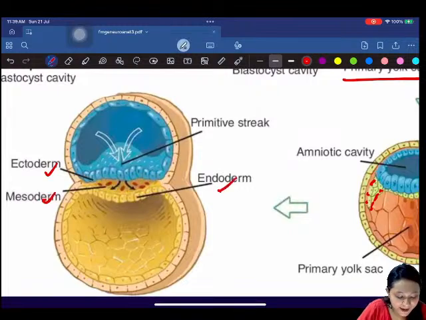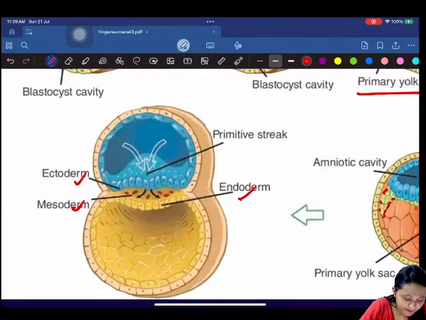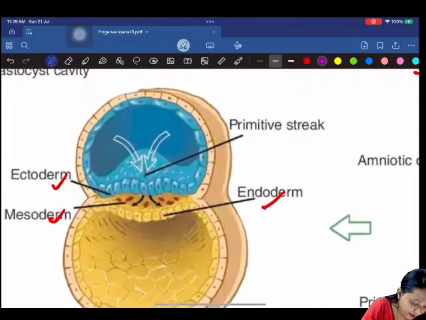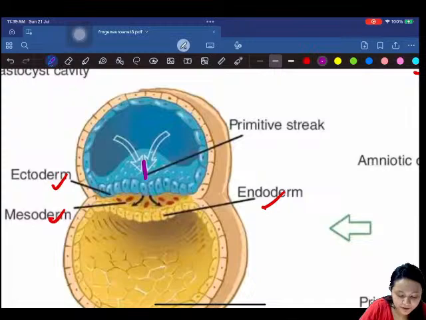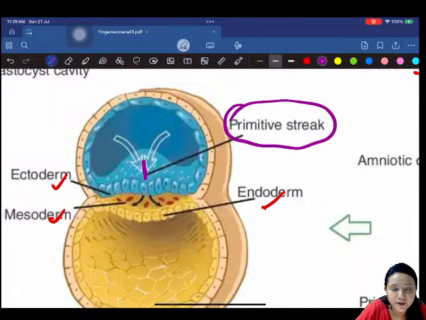So after the bilaminar germ disc, you will have the formation of the trilaminar germ disc. There is a formation of a rod-like structure from the epiblast, and that is known as the primitive streak.